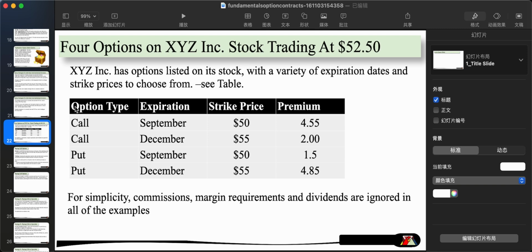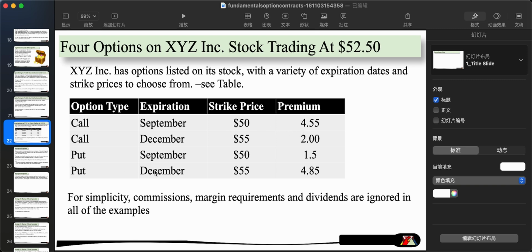See the table. You see call options which expire in September, with a strike price of $50 and a premium of 4.55. The other is the December expiration with a $55 strike price and $2 premium.